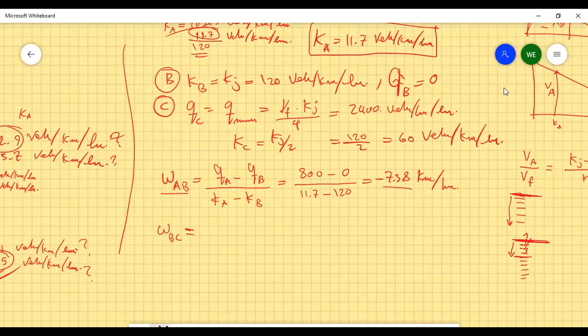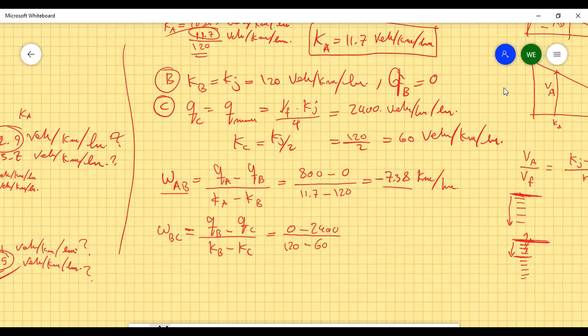So omega BC is basically QB minus QC divided by KB minus KC. So QB is 0 minus QC is 2400, divided by KB, which is jam density, KC jam density over 4 over 2.